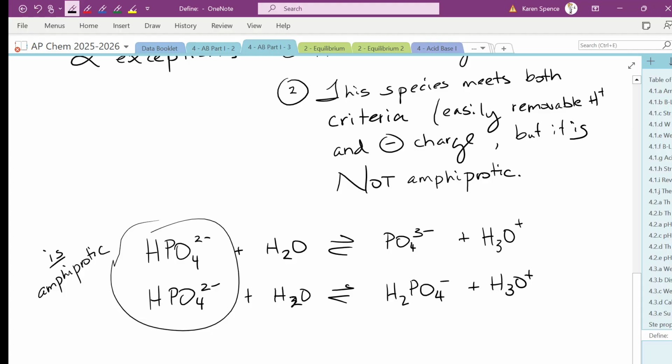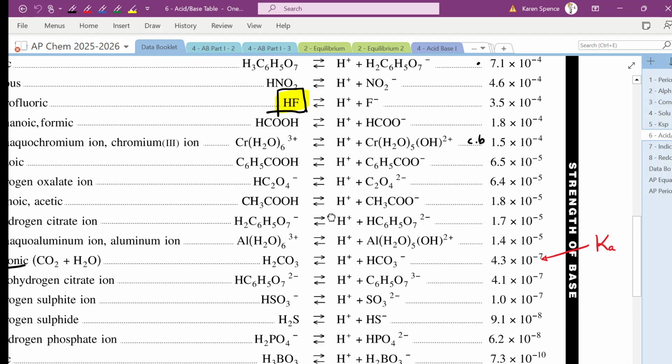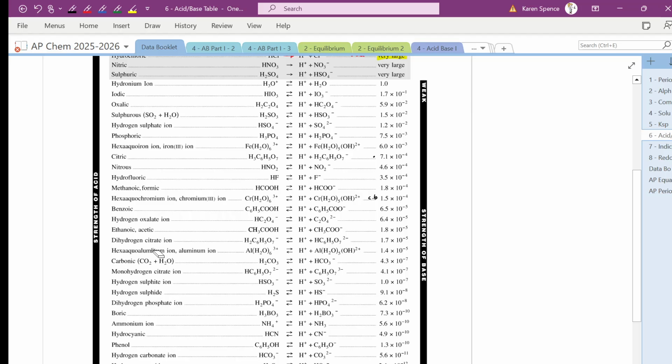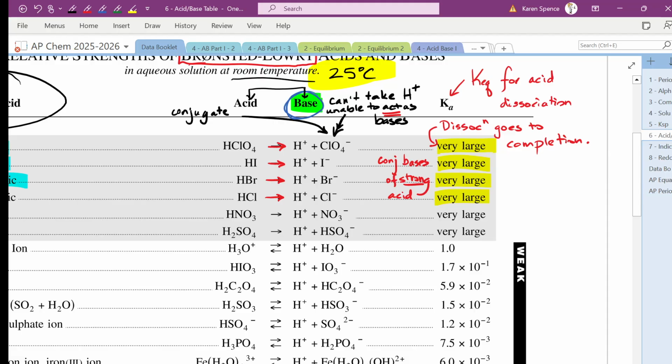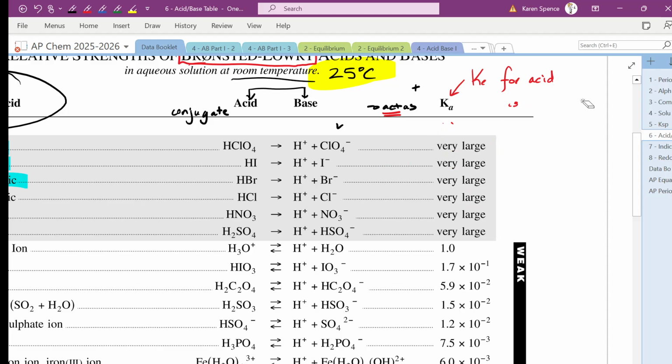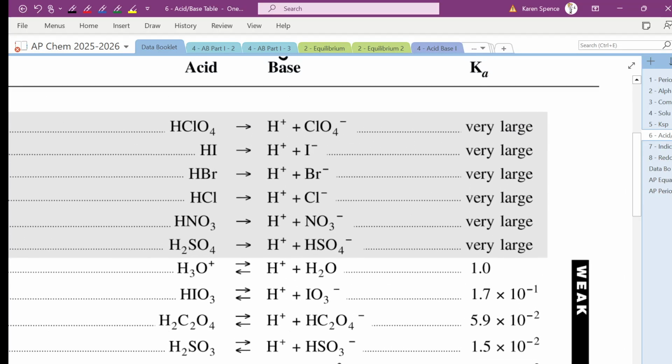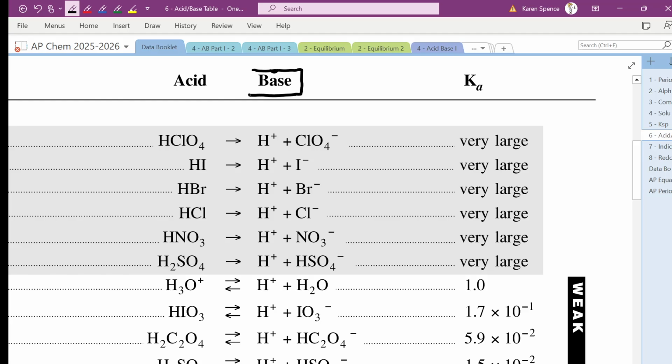Let's go take a look on our data booklet, page 5. So we need something that has an H plus, has a positive charge, a negative charge, but is unable to act as a base.